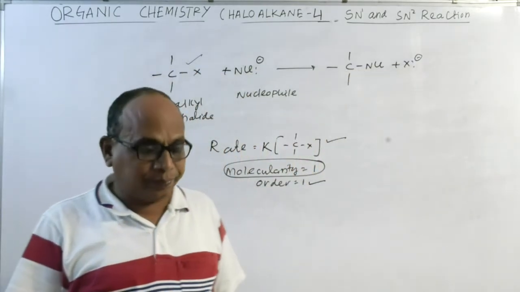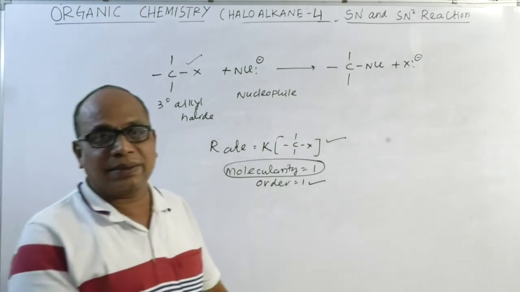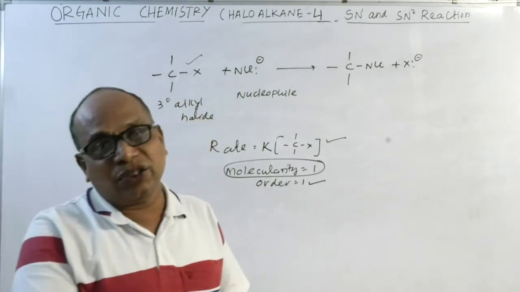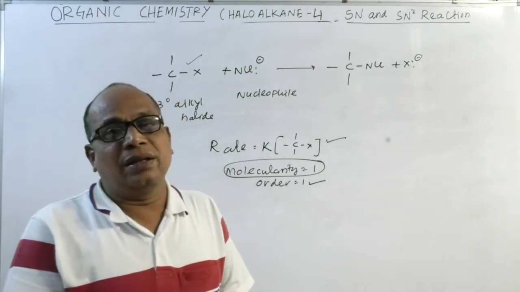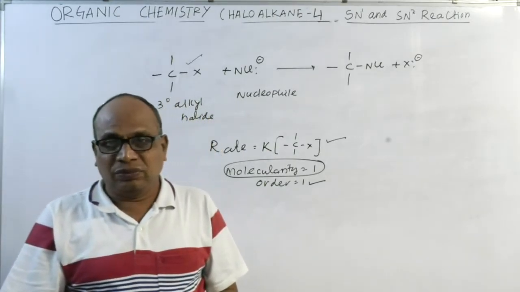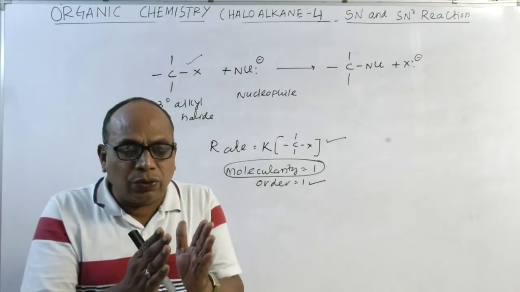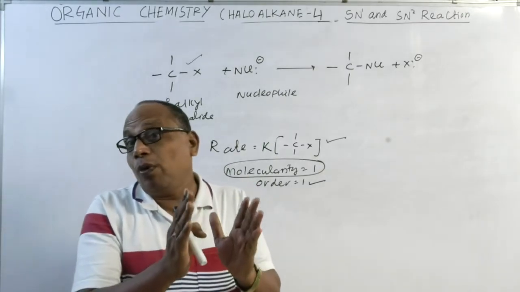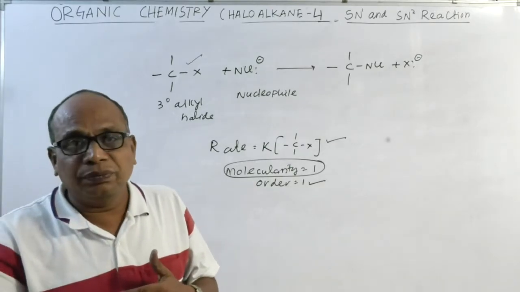Okay, students? Now come to how the reaction is taking place, that is, the mechanism. Mechanism means the pathway of the reaction. Reaction means bonds break first, then a new bond is formed.